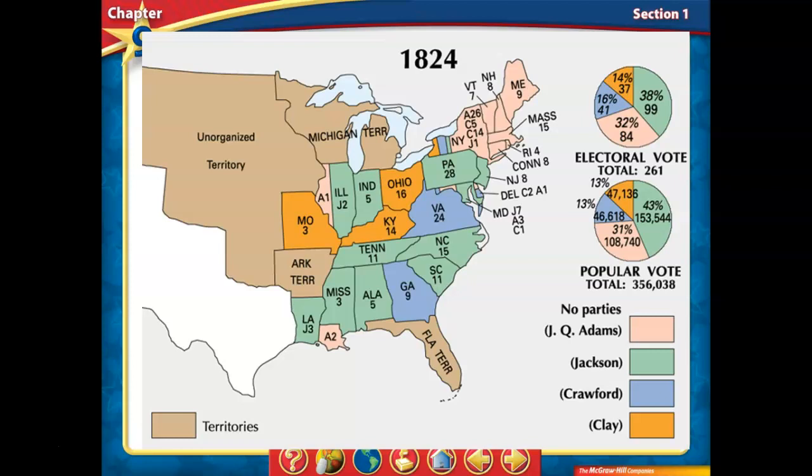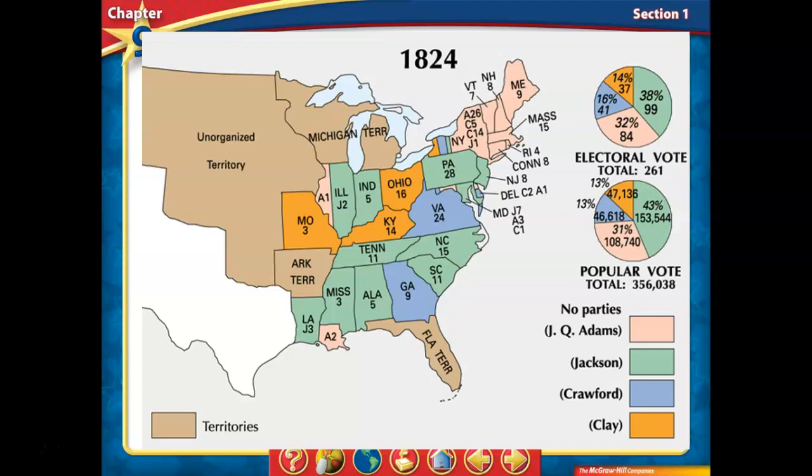And the Constitution dictates whenever there isn't a clear winner in the Electoral College, the House of Representatives gets to decide who the winner is going to be. So what they do is they pick the top 3 candidates. So they go with Adams, Jackson, and Crawford. Clay, because he took 4th, essentially gets kicked out.